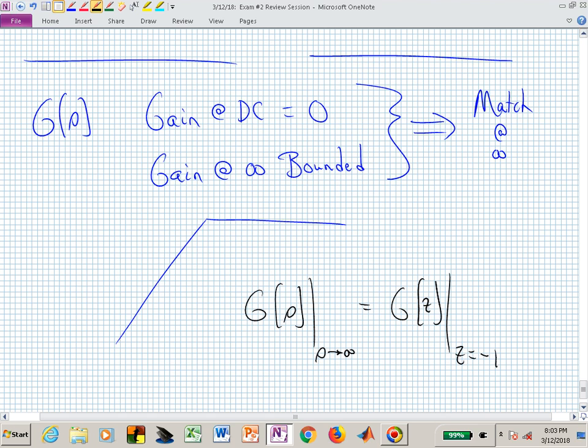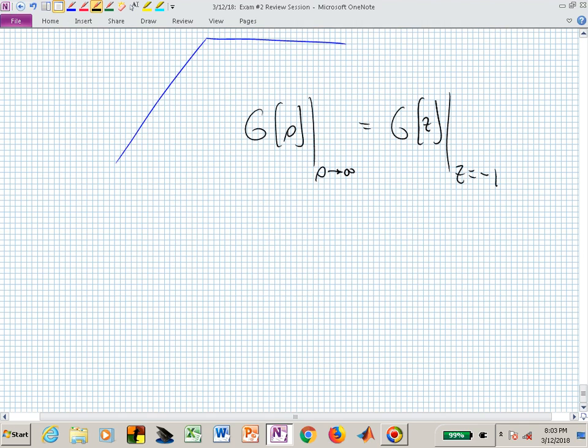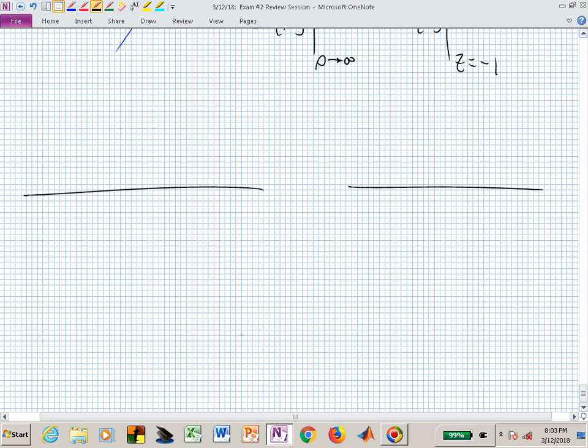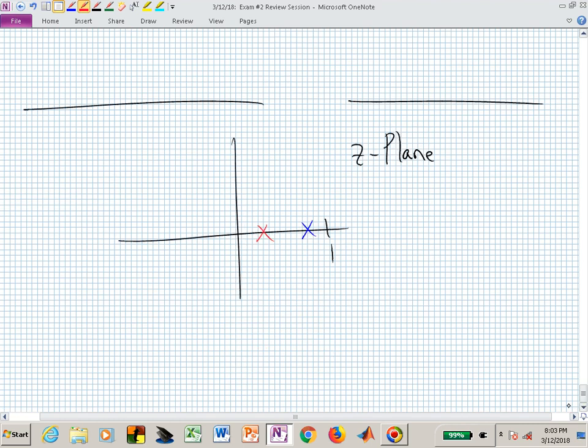What was the question? So what's the difference between a slow pole and a fast pole in the z-plane? So now let's say that I have a z-plane, and let's say here is 1, and I put a blue pole and a red pole. Which of those poles is fast?